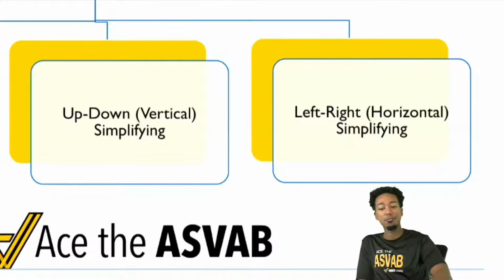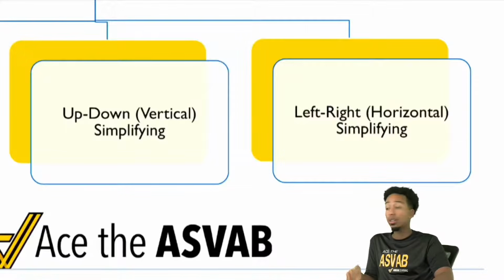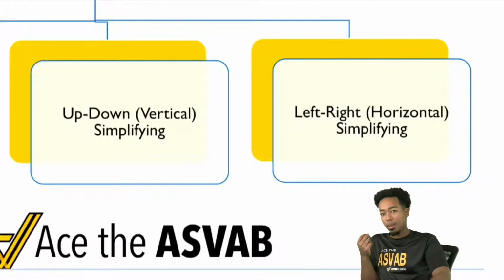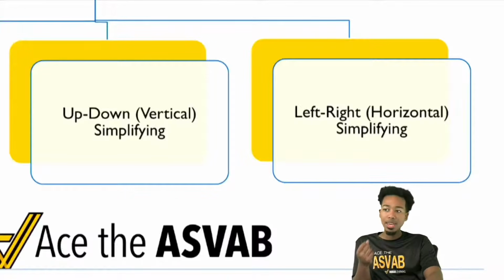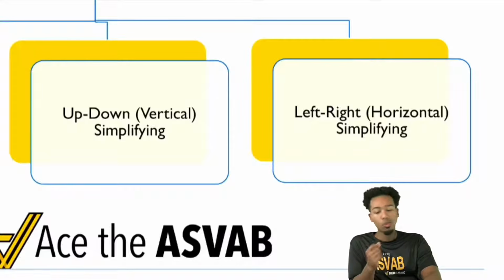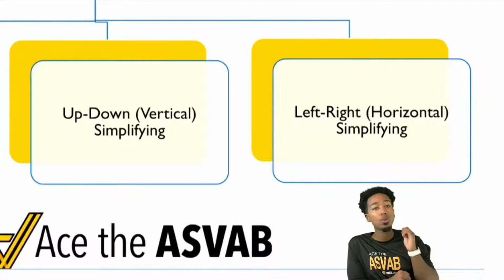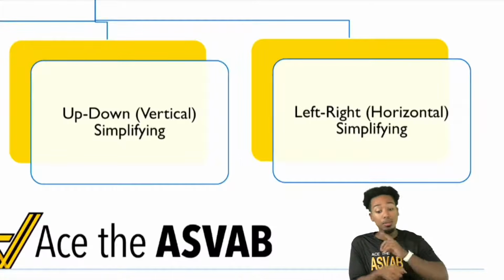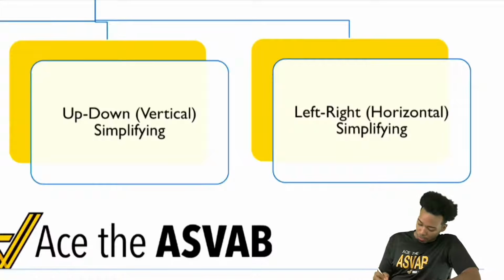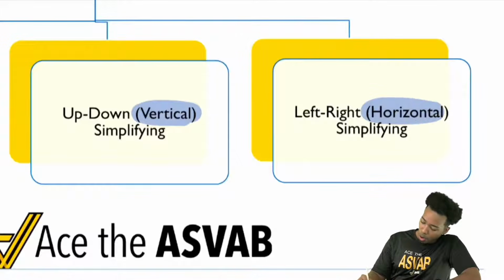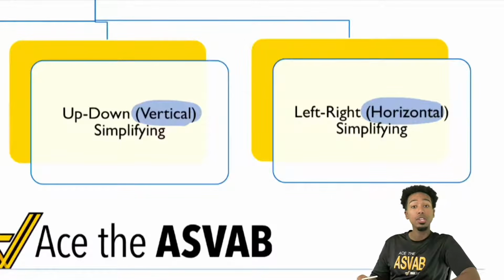If you're looking at a practice test, it happens all the time. On the ASVAB, it happens all the time. My main tip when dealing with fractions, especially in word problems, is simplify wherever you can. Before you start doing the math, simplify where you can. And I'm going to show you how you can simplify vertically or horizontally when it comes to proportions as well.